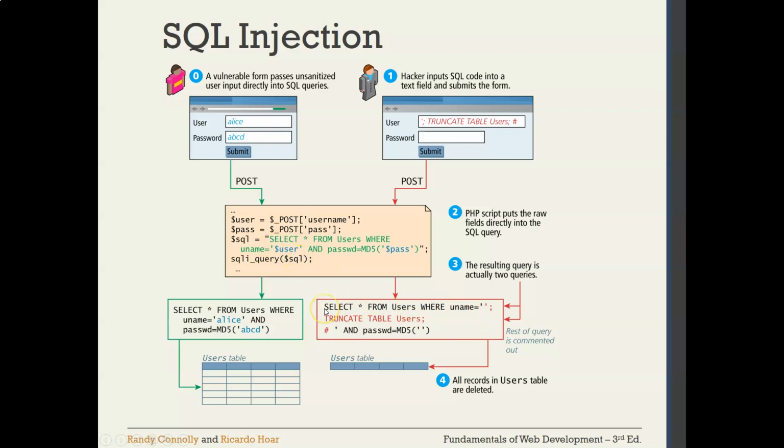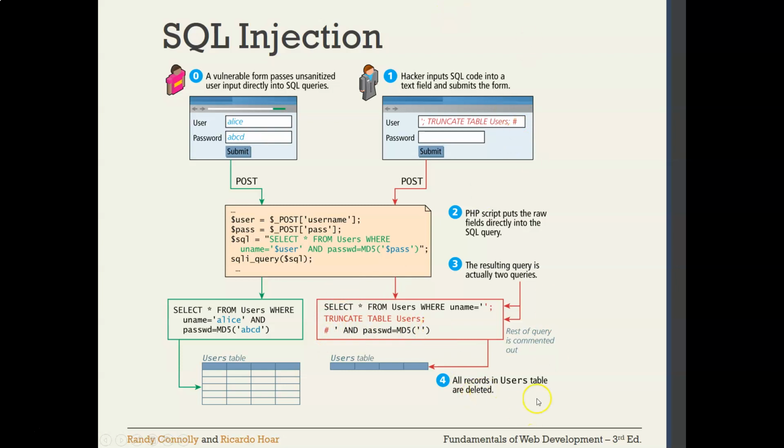Well, this is what our query looks like. We're going to say select star from users where username equals empty. So you can see that quote and semicolon there finishes that statement. Now we've got a brand new statement. We're going to actually get rid of that, empty the records in that table, semicolon, right? And then the pound symbol there indicates a comment, and so anything else just gets commented out.